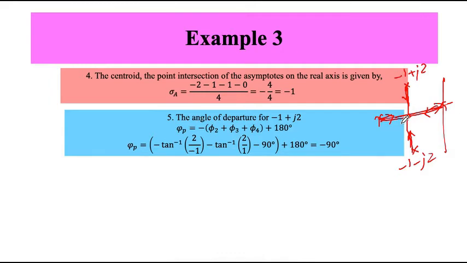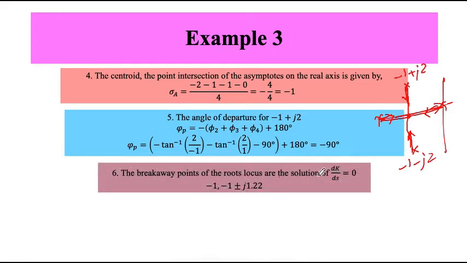Well, now let me compute the breakaway points again by setting dk by ds equal to 0. This means I have, of course, one breakaway point at minus 1, and I will also have breakaway points at minus 1 plus and minus j1 somewhere in between. So I am having 3 breakaway points again.